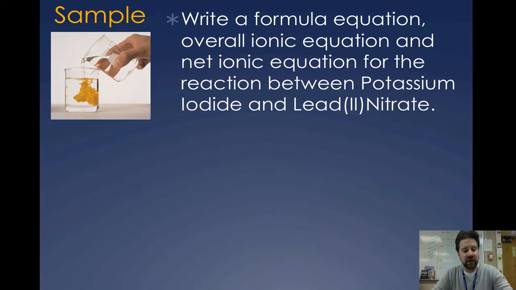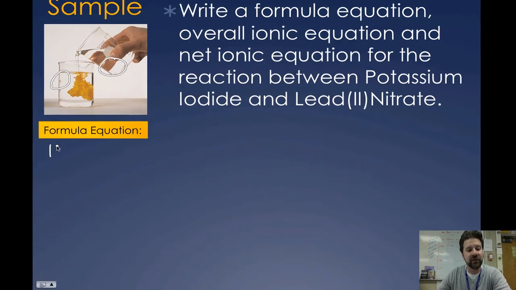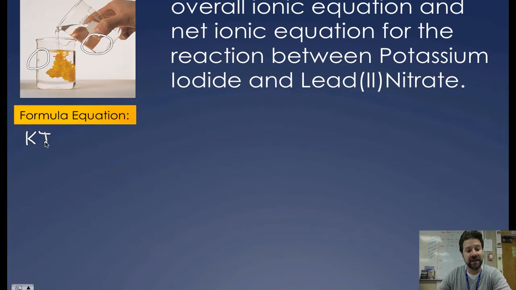There is a reaction that takes place between two almost water-like solutions. One of them is potassium iodide, and the other one is lead(II) nitrate. So what we would do in a case like this is first come up with the formula equation. Now, potassium iodide's formula is KI, and that is aqueous.